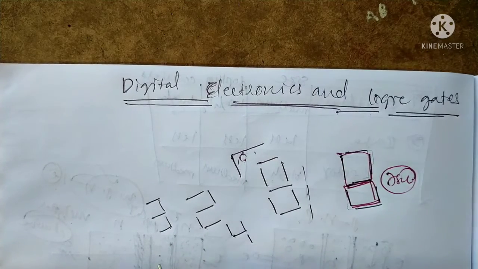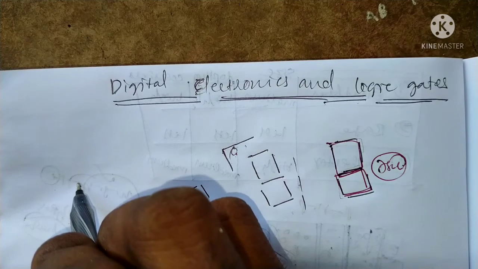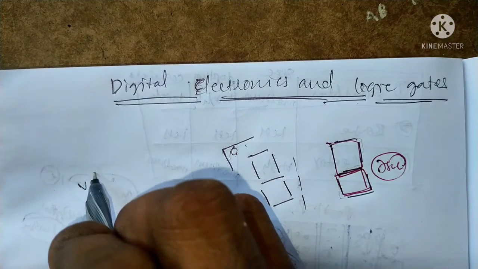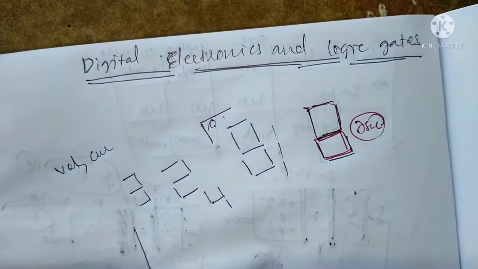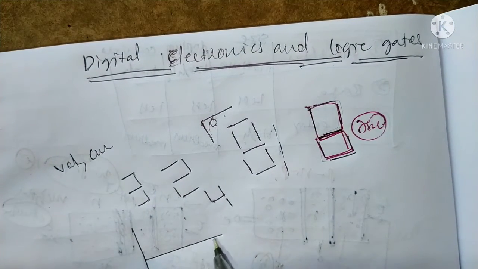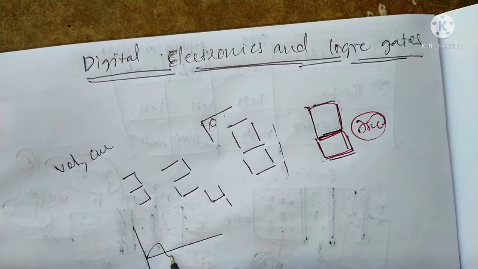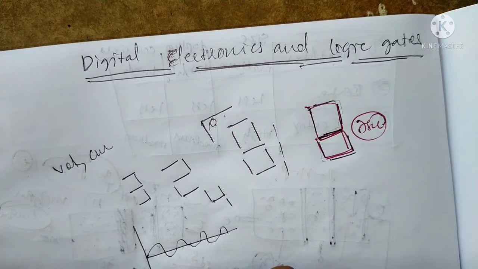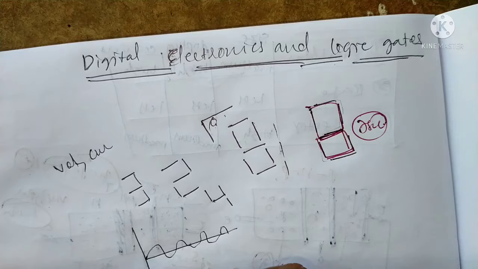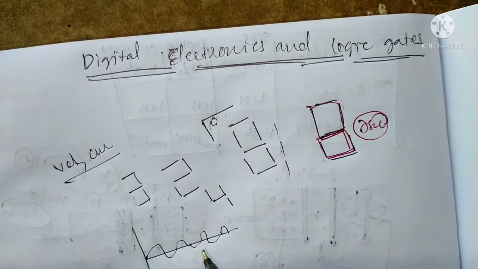In the previous lectures, signals were transformed in the form of voltage or current, like this, in amplifiers or oscillators. In voltage or current form, it can transmit signals.